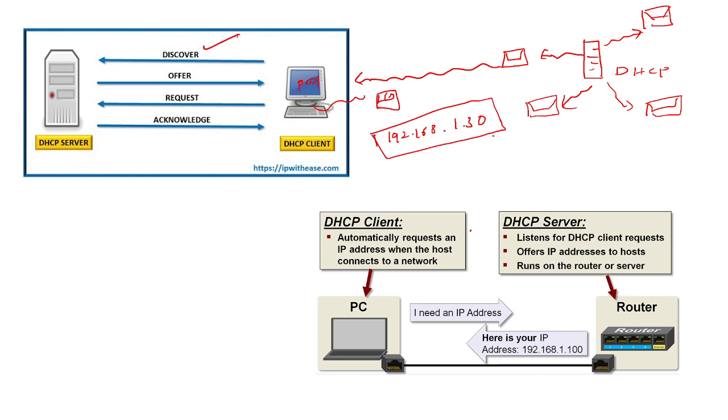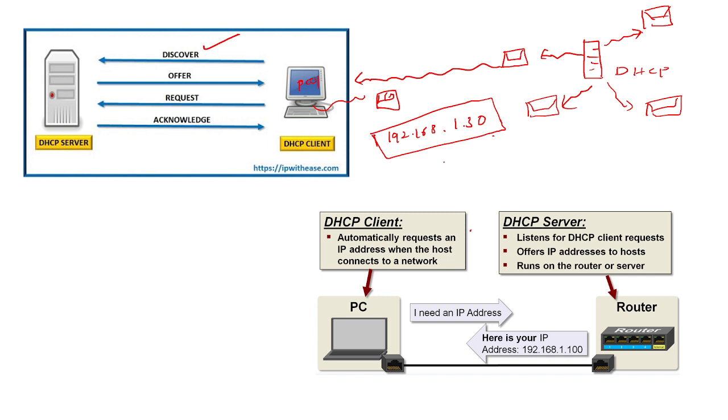Once it is discovered, the DHCP client will ask for an IP address: can you give me an IP address? Then the DHCP server's responsibility is to assign the IP address. So he will send the pool of IP addresses.